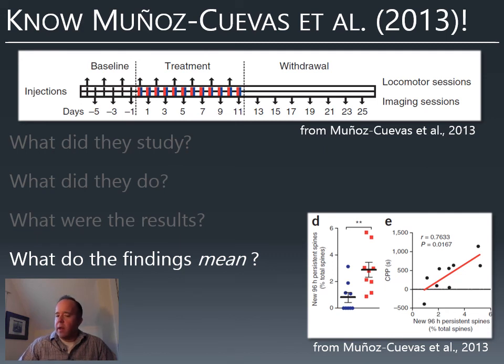Obviously, we don't really care that much about what cocaine does to the brain of a mouse, what cocaine does to the behavior of a mouse, but we care about what it does to people. And so what do these findings tell us about things like addiction, about drug-seeking behaviors? So again, you could practice writing that, but be prepared to discuss that article in a short essay.